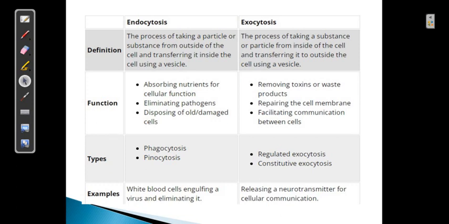And major functions performed by the exocytosis process are removing toxins or waste products, repairing the cell membrane, and facilitating communication between cells. Endocytosis is of two types, phagocytosis and pinocytosis, while exocytosis is of two types, regulated exocytosis and constitutive exocytosis. Examples: a white blood cell engulfing a virus and eliminating it is endocytosis, while releasing a neurotransmitter for cell communication is done by exocytosis.